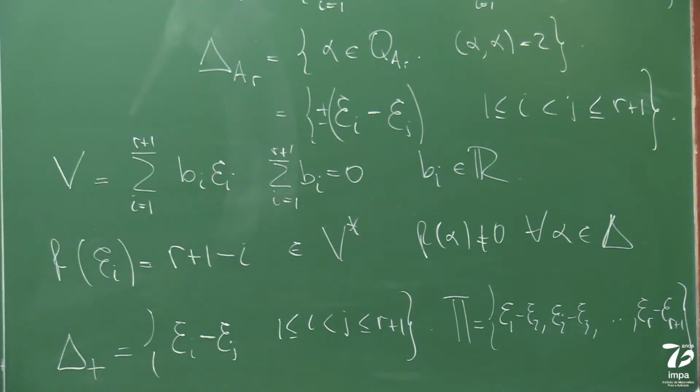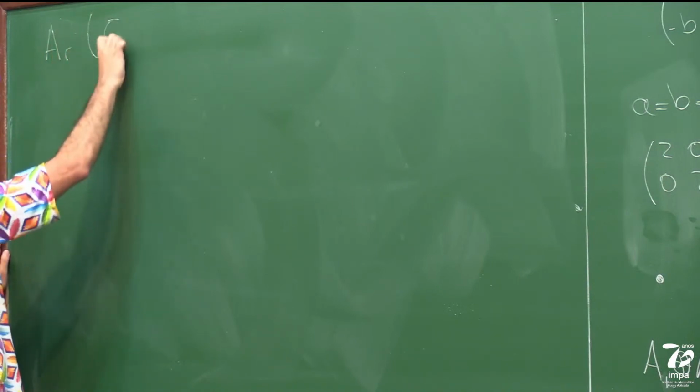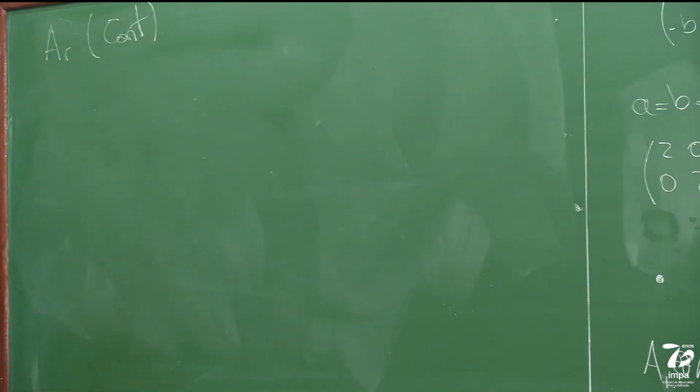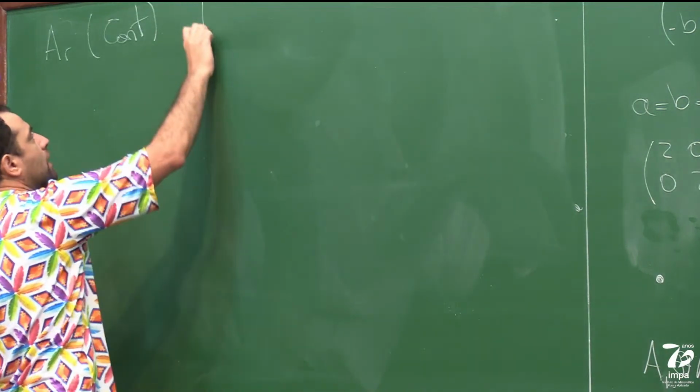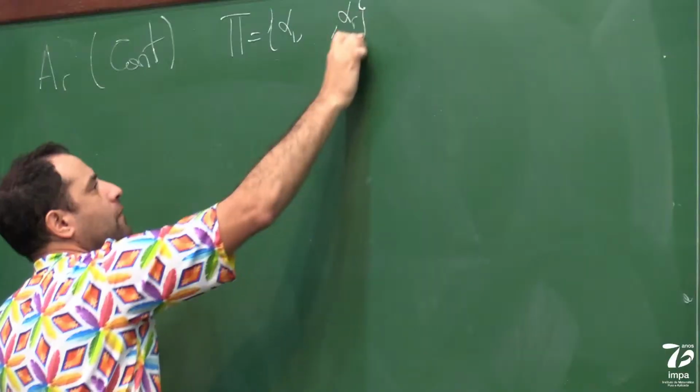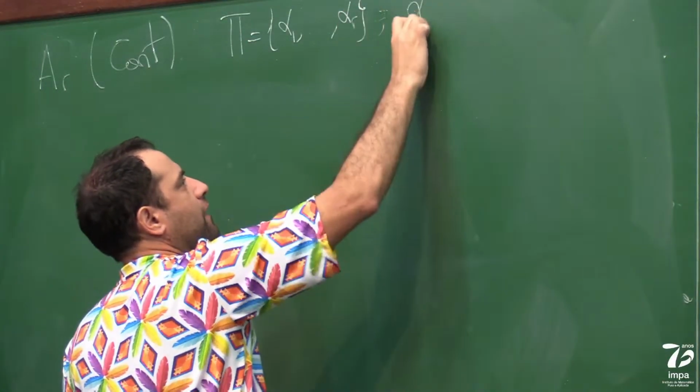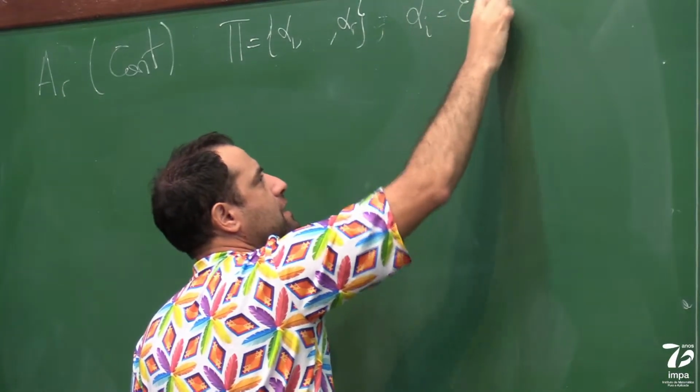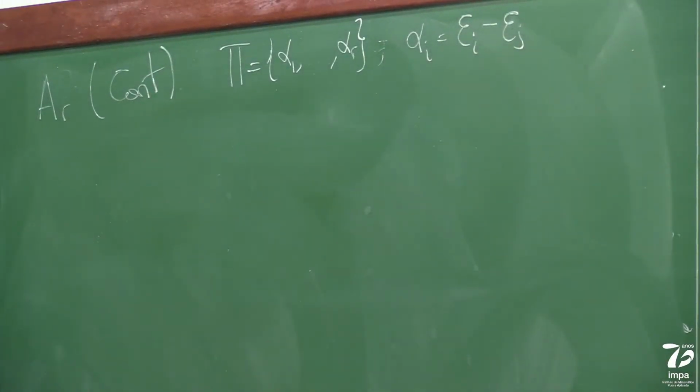Let's look at the Cartan matrix and the Dynkin diagram. So I'm still on A_r. Well, all roots have norm 2. But then if I call the simple ones alpha_1 up to alpha_r, so alpha_i is epsilon_i minus epsilon_{i+1}, then it's clear that each one of them has norm 2.